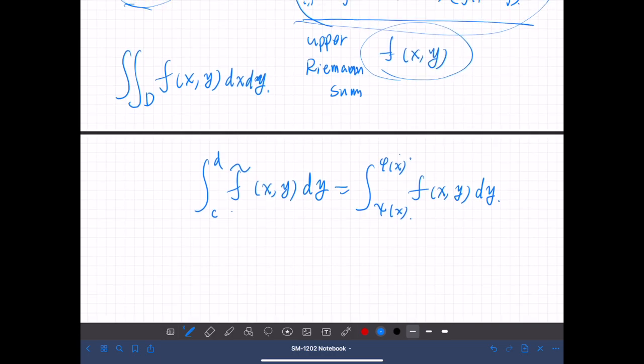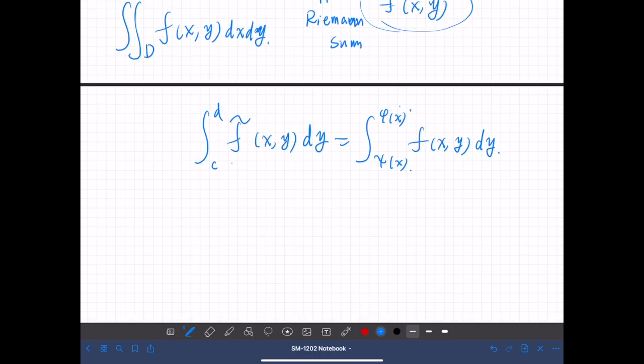So if we substitute that and apply the squeeze theorem, we have the desired result.